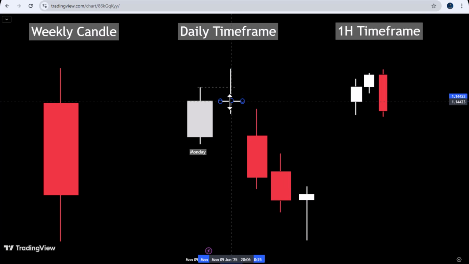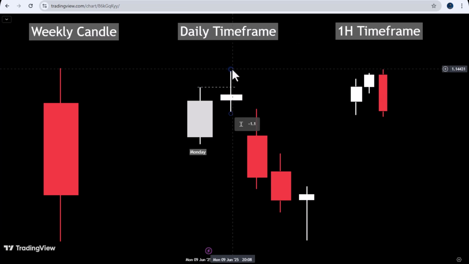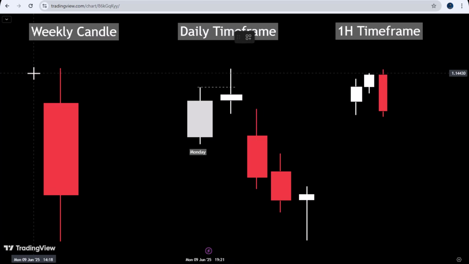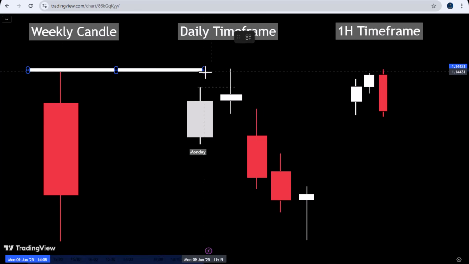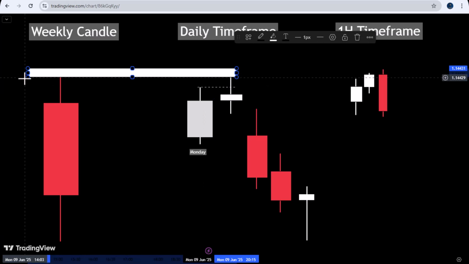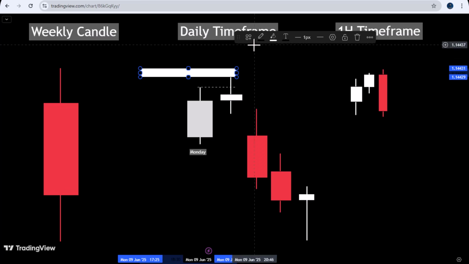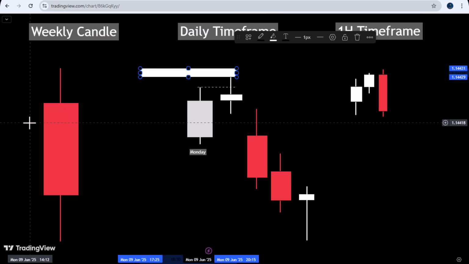So assume that price is here, the candle is still bullish. However, it has traded on a certain key level on the daily time frame, a key level on the daily time frame, not weekly.